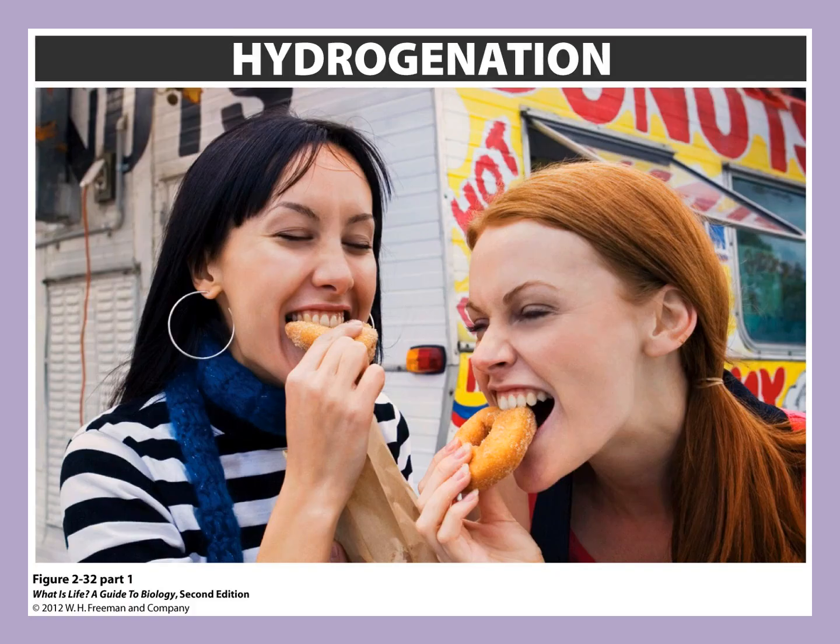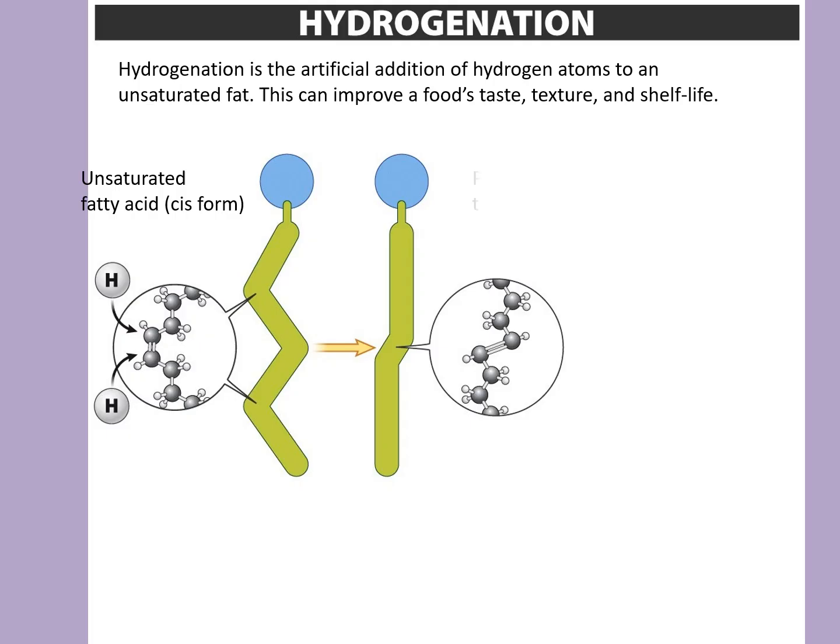We also have this thing called hydrogenation. Hydrogenation is the artificial addition of hydrogen atoms to an unsaturated fat. This improves food's taste, texture, or shelf life. So an unsaturated fatty acid is in its cis form, and a partially hydrogenated trans fatty acid, that's when it's been changed, that's its trans form.